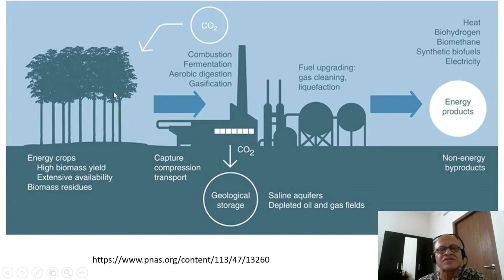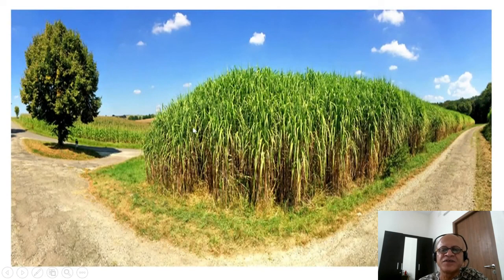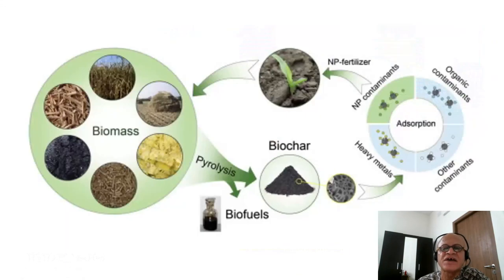So that's a very slow way of taking out small amounts of CO2, and even if you use high biomass yield energy crops like switchgrass and so on, which can grow fast, and some perennial crops as well, which can be grown again and again without degrading soil and sequestering carbon into the soil along the way, nonetheless, they don't amount to the level of carbon dioxide sequestration that is needed.